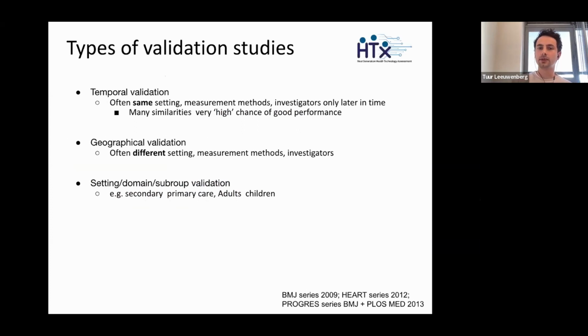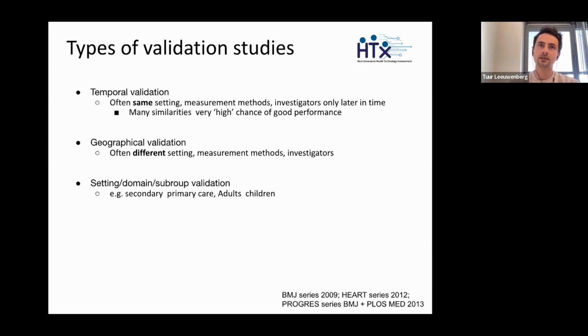Yeah, then at the very beginning, I mentioned that the data you use for development should be representative of the setting in which you apply the model. And depending on whether there are differences between those two, there are different types of validation. For example, usually you use historical data to develop the model but you will only apply it in future patients.